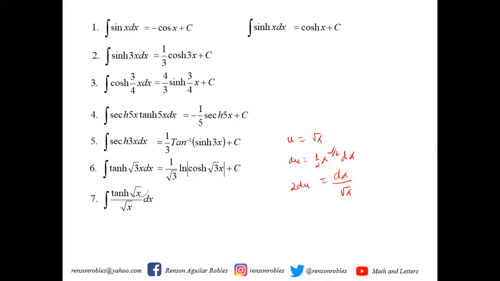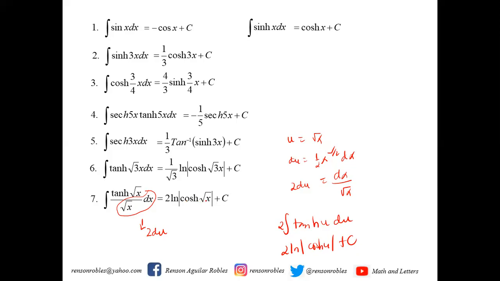Then it follows that dx over square root of x is our 2 du, and this can now be written as the integral of 2 tanh u du. Then we can now have 2 ln of cosh u, and then you add c. Finally, this is equal to 2 ln of cosh square root of x plus c.